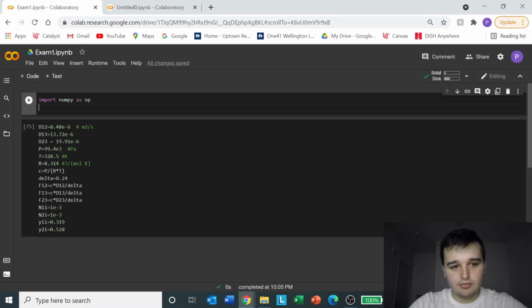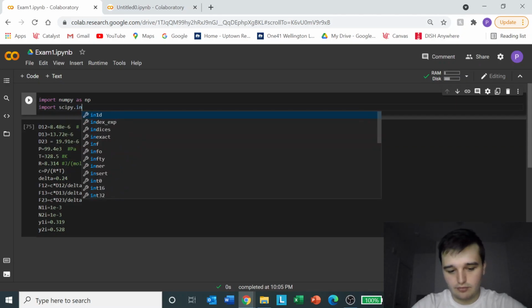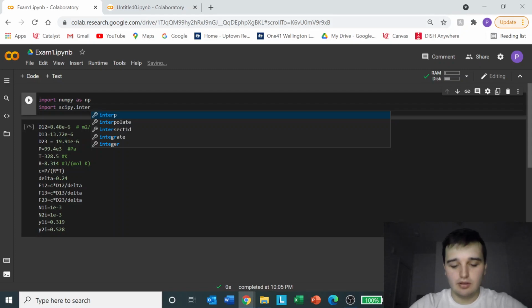If we think about this problem, we have differential equations, right? And we have initial values for those differential equations. So we're going to be solving an initial value differential equation problem. From the SciPy catalog, another big catalog, and if you think about it, initial value problems are actually integrations.